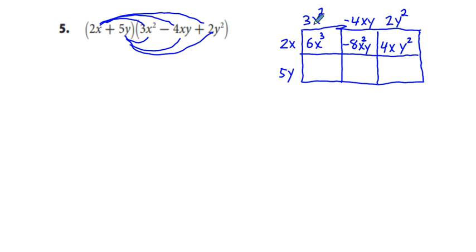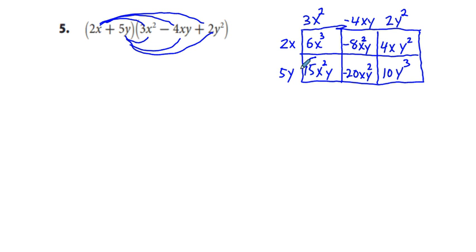Then 5y times 3x squared is going to be 15x squared y. Then we have 5y times negative 4xy, which is minus 20xy squared. And finally, we have 5y times 2y squared, which is 10y cubed.